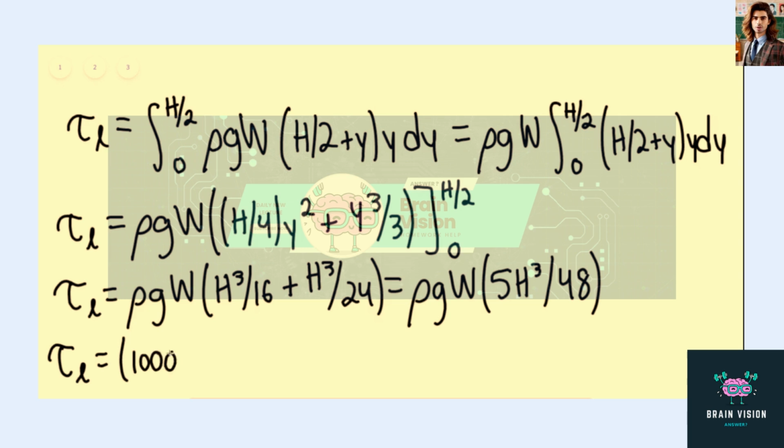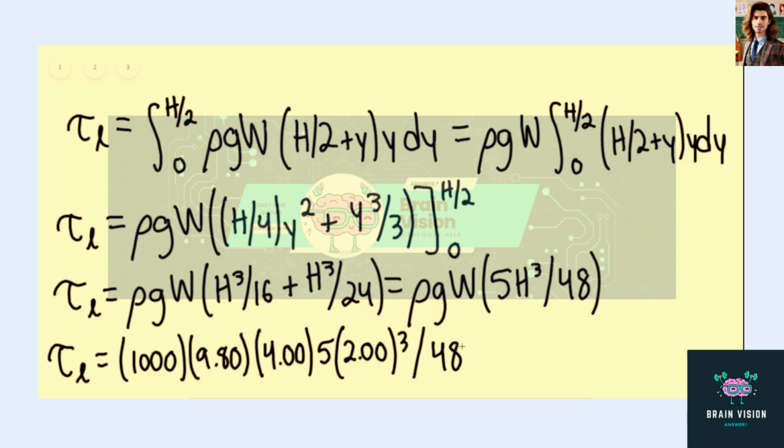And now we can solve. Again, 1,000 kilograms per cubic meter multiplied by 9.80 meters per second squared multiplied by the width of 4.00 meters, multiplied by 5 times the height of the gate, 2.00 meters, cubed, divided by 48. And this is giving us 3,267 Newton meters.